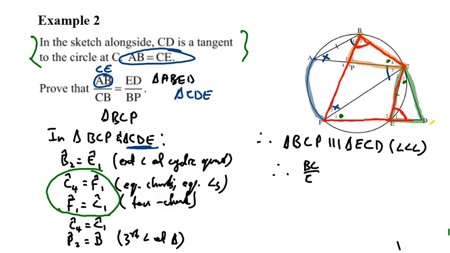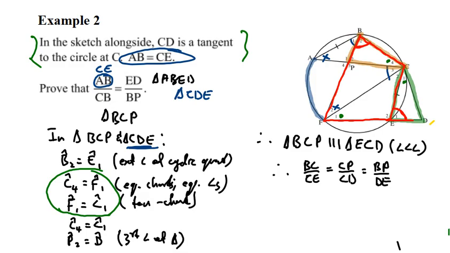BC over CE, or EC, is going to be equal to CP over CD. We know that much. But this is also going to be BP over ED, or maybe we should write that as DE. Then what else? Let's write this down now.